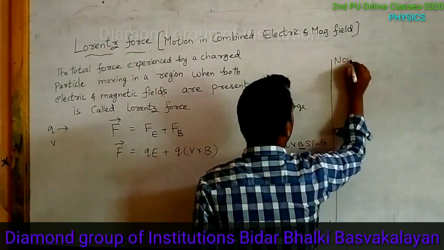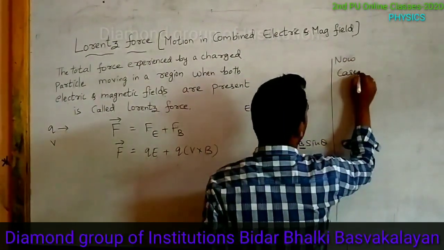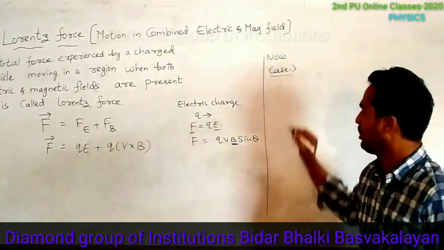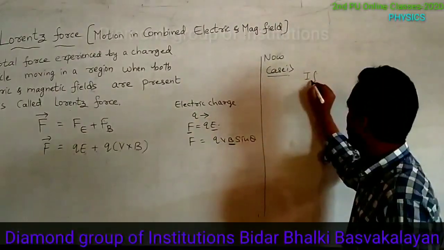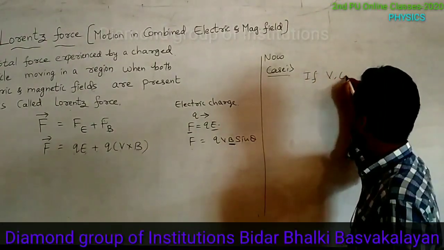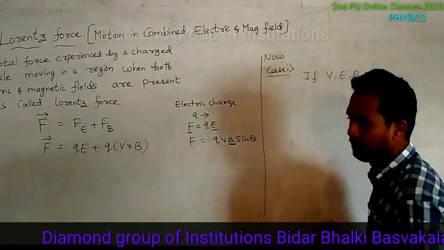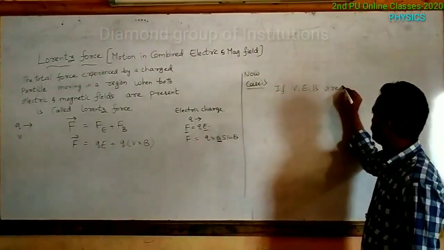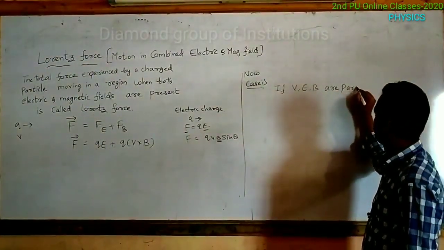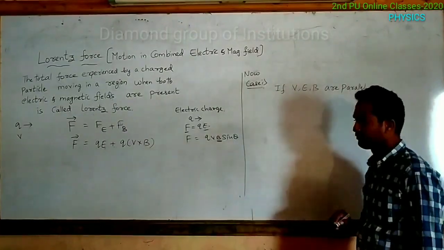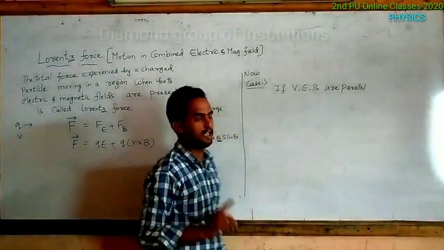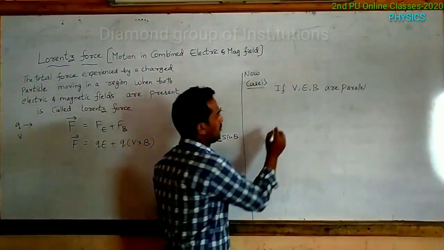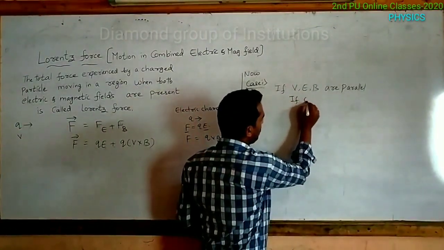Now, case 1. If V, E, B are parallel, then what will be the angle? Theta equals 0 degrees.